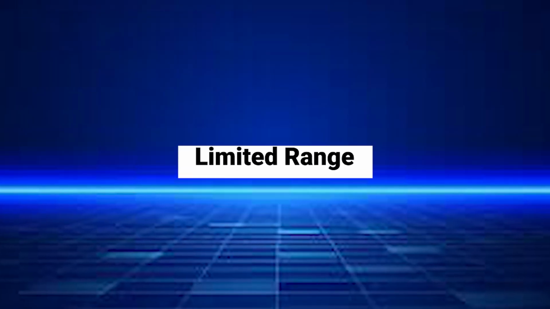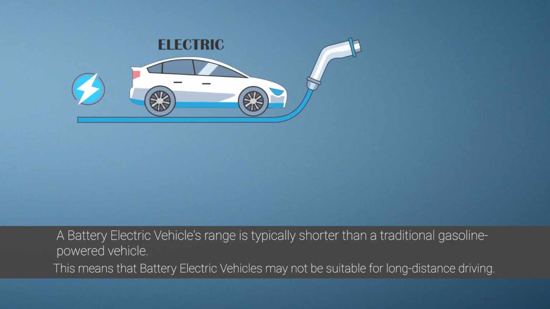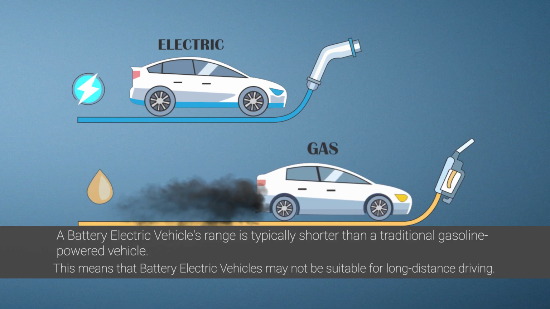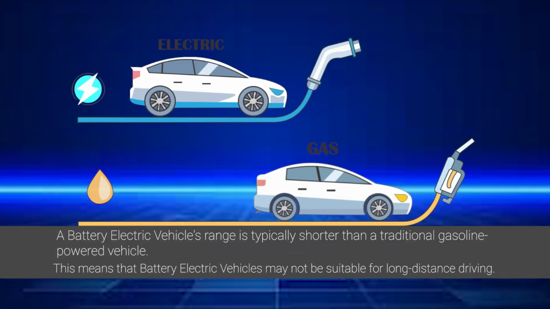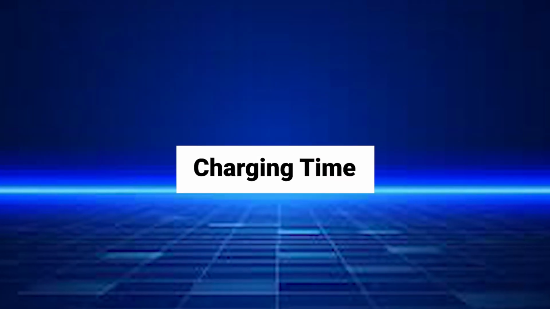First, limited range. The range of a battery electric vehicle is typically shorter than that of a traditional gasoline-powered vehicle. This means that battery electric vehicles may not be suitable for long distance driving. Second, charging time.